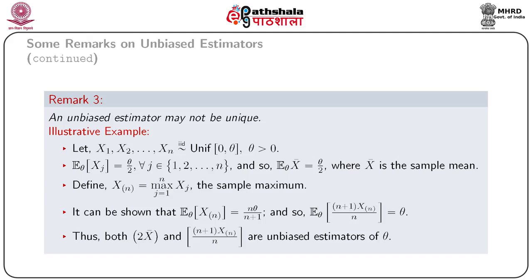Thus, in this example, we get two unbiased estimators of theta. One is 2X bar and the other is (n plus 1) by n into X ordered n.